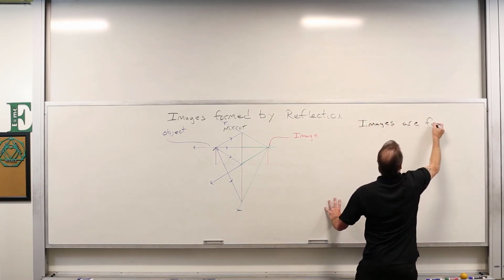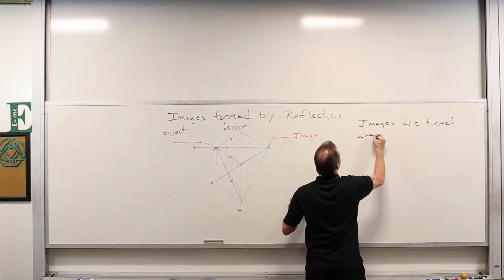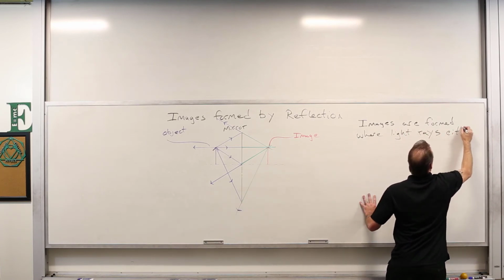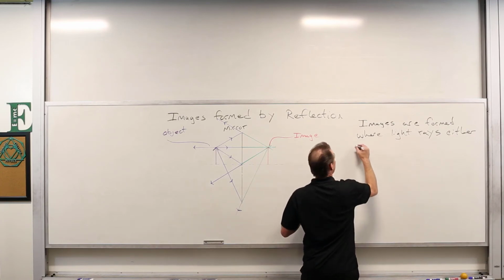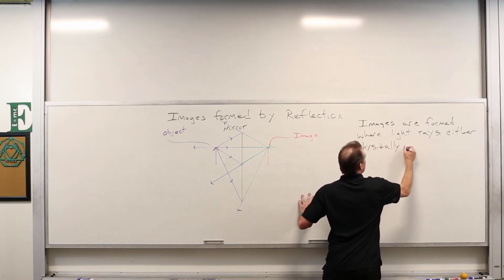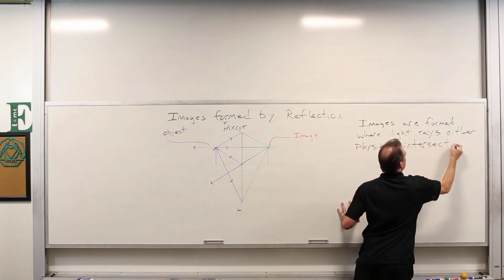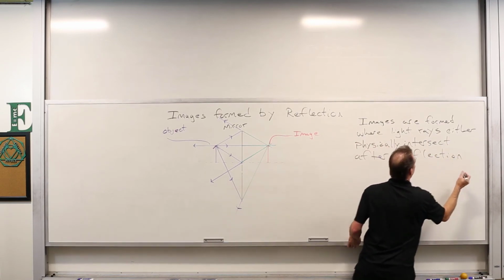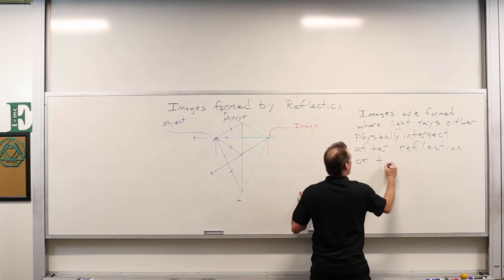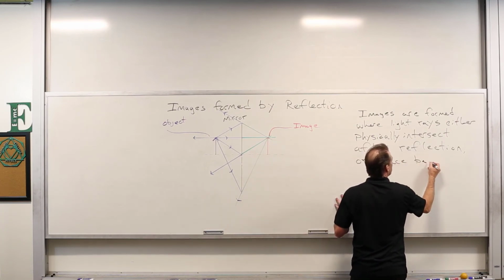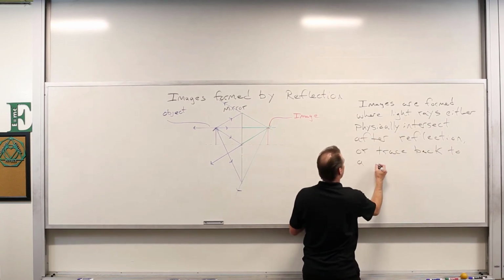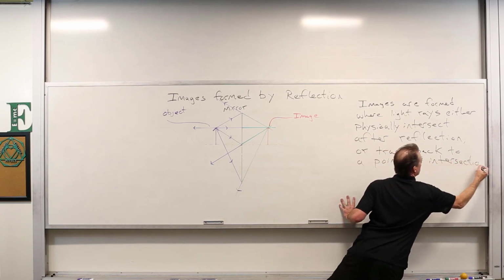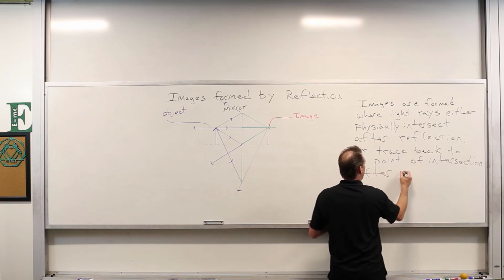Images are formed where light rays either physically intersect after reflection or trace back to a point of intersection after the reflection.